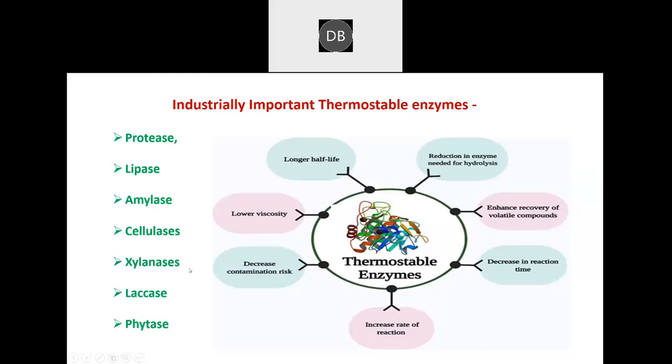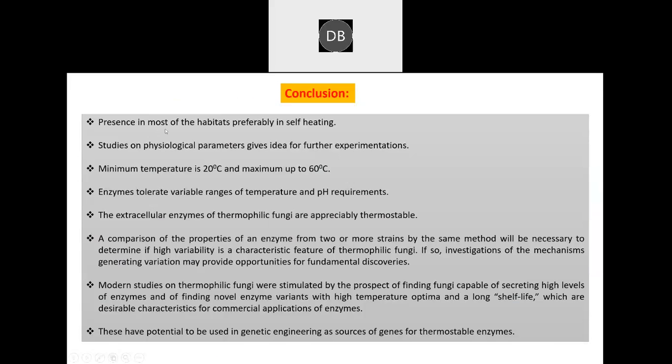Some proteases, lipases, amylases, cellulases, xylanases, laccases, and phytases are reported by many workers from thermophilic fungi. These thermostable enzymes are industrially important because they give a reduction in the enzyme needed for hydrolysis, enhanced recovery of volatile compounds, decrease in reaction time, increased rate of reaction, decreased contamination risk, lower viscosity, and longer half-life. That's why they are very famous from the thermophilic fungi.